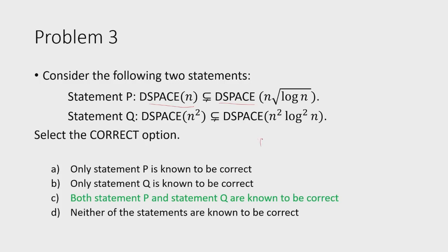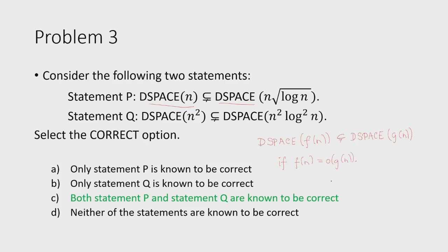We know that DSPACE of f of n is strictly contained in DSPACE of g of n if f of n is equal to small o of g of n, right?